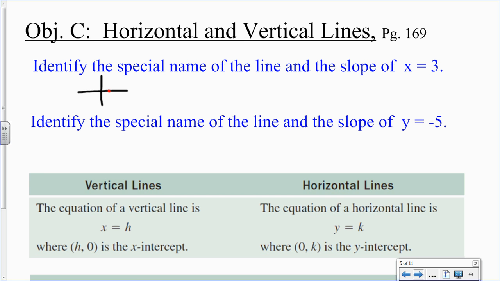And what type of line would I draw through that point? Vertical. Okay, so it's a vertical line. It cuts x at x equals 3. So it's x equals, that means it cuts x, so it has to be a vertical line. And then the slope of a vertical line is undefined.